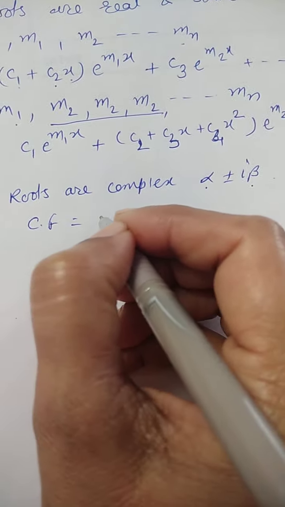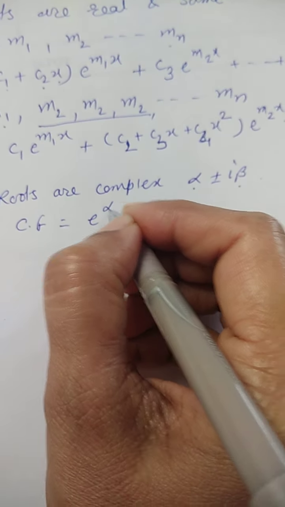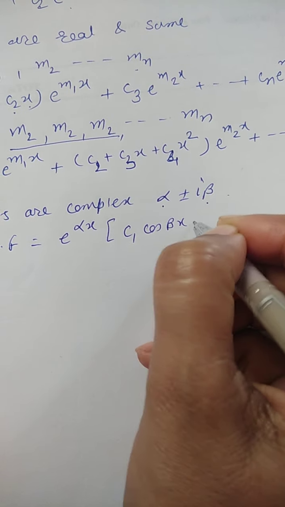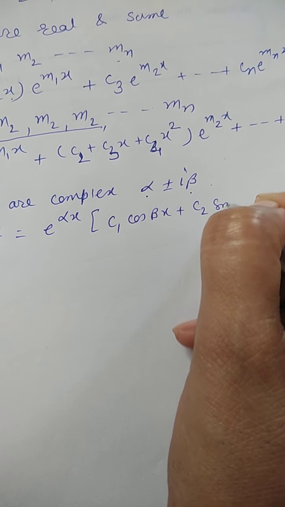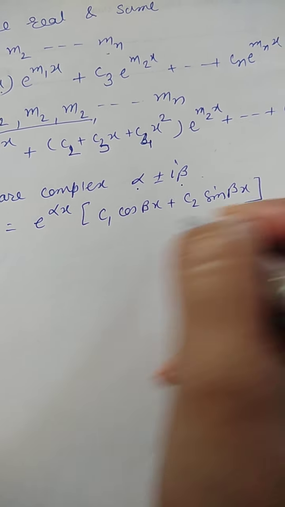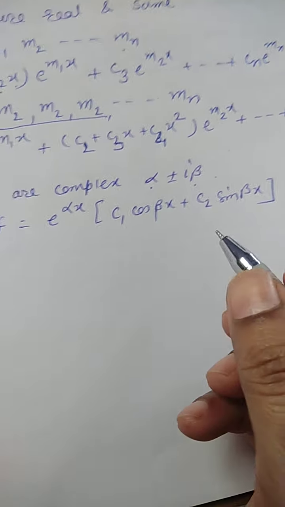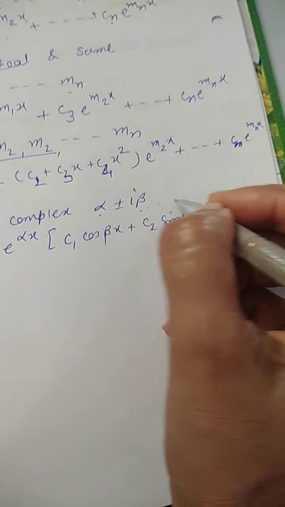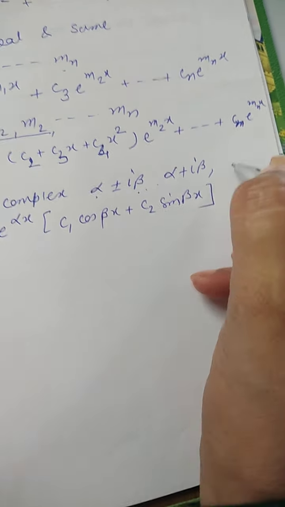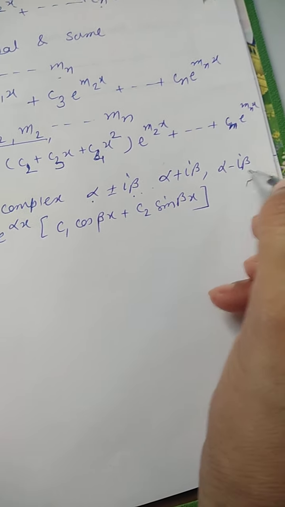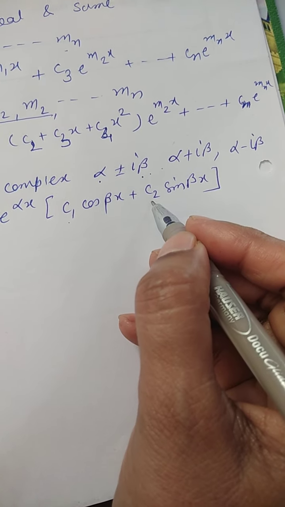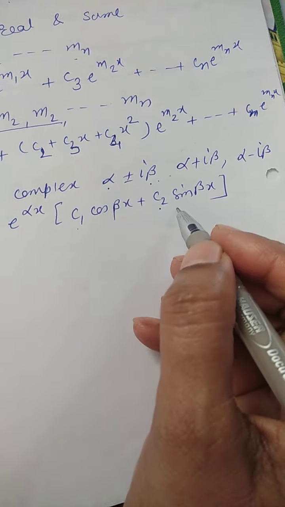So we'll write CF as e^(alpha x) (C1 cos beta x + C2 sin beta x). That means if we have alpha plus minus i beta, we have two roots, alpha + i beta and alpha - i beta. So for two roots we have to use two constants, C1 and C2, two separate terms.